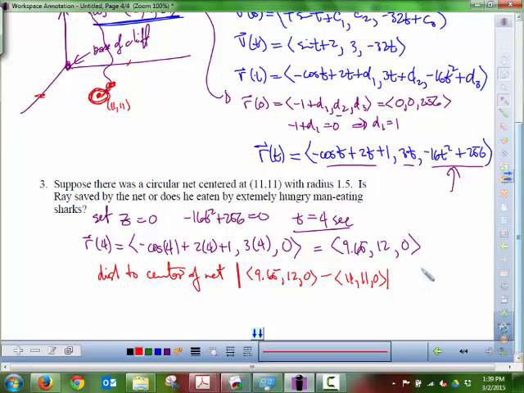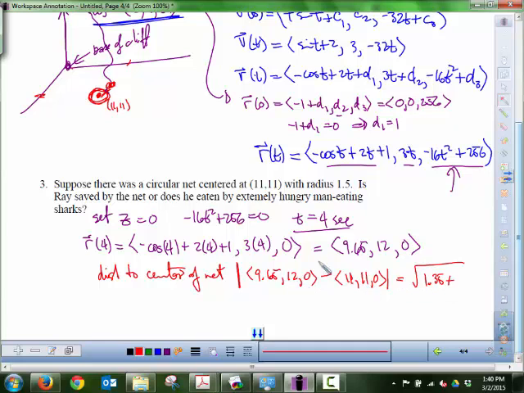So let's do some subtraction here. What's 11 minus 9.65? 1.35?